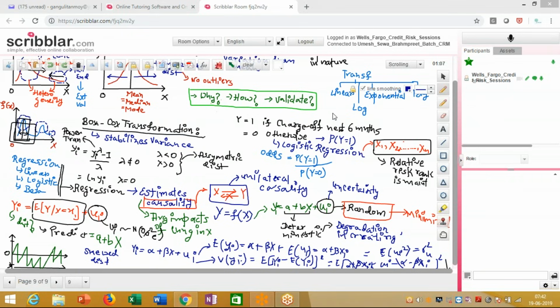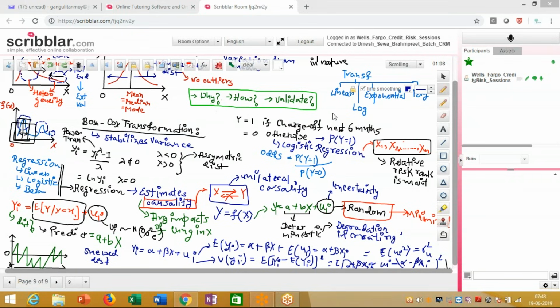So the dependent variable over here can be a recovery variable, as in the linear regression model. It could be the charge-off variable as we had seen in the logistic regression model and so on. So there could be multiple options. Now comes the next part, the data preparation part.